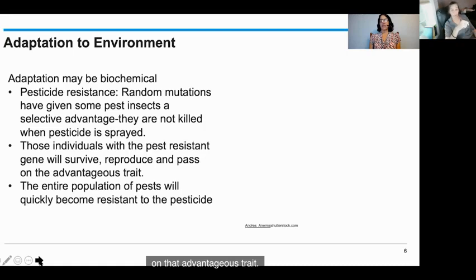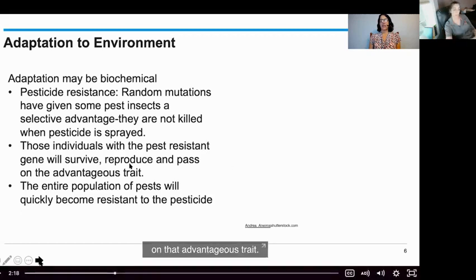So the likelihood that a few of them might have the variation that makes them resistant exists. And if you follow that logic, the next generation shows us evolution. So the offspring that survive is where we see evolution. It is not a change that's happening because we sprayed them with pesticide. It's happening because of the next generation getting to pass on their genes.